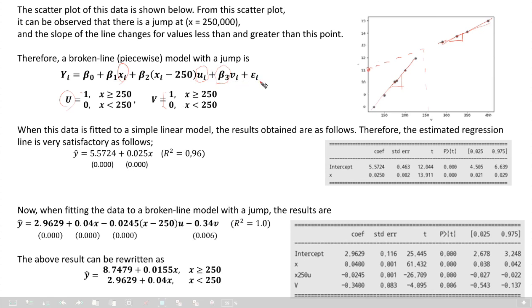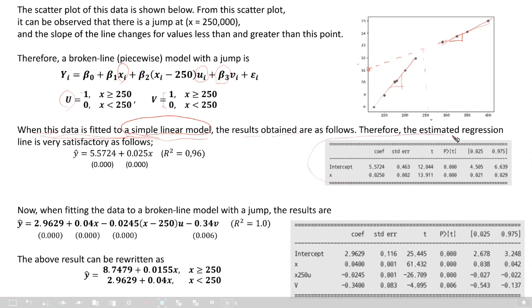Plus epsilon. When this data is fitted to a simple linear model, if you only know simple linear regression, then you may apply this data to a simple linear model. The result obtained is as follows. Therefore, the estimated regression line is very satisfactory.